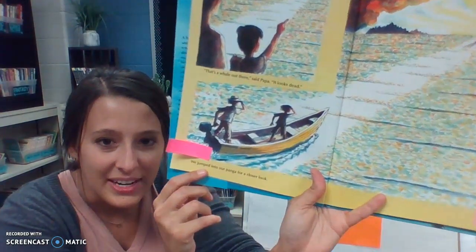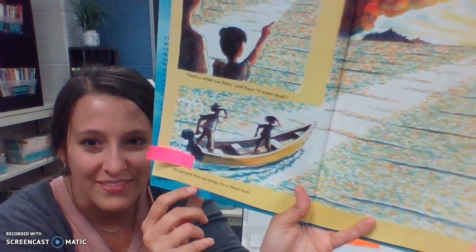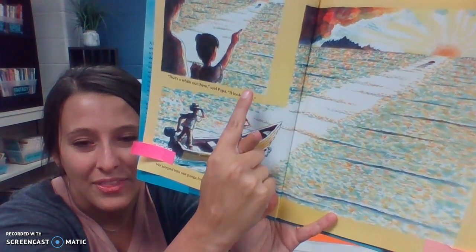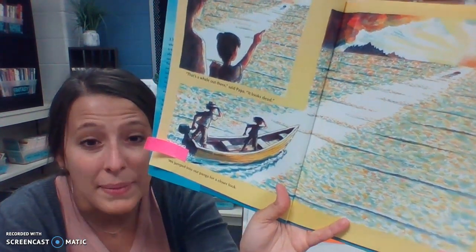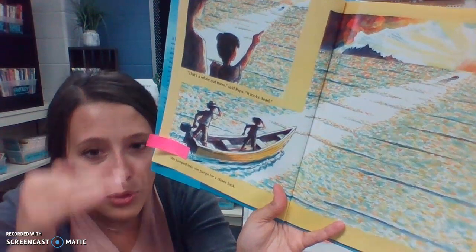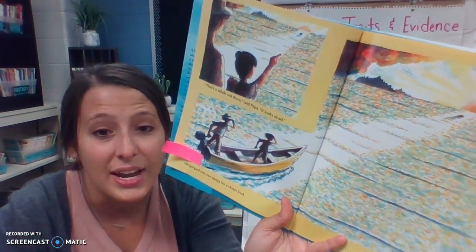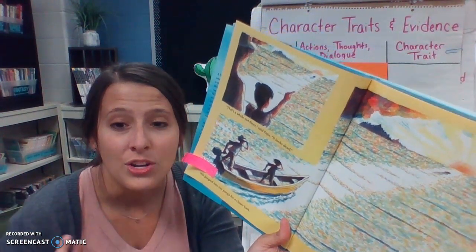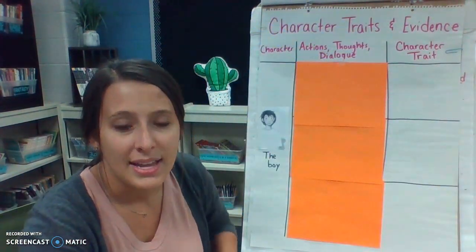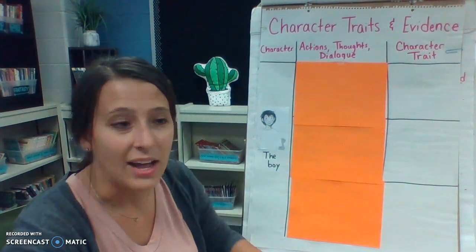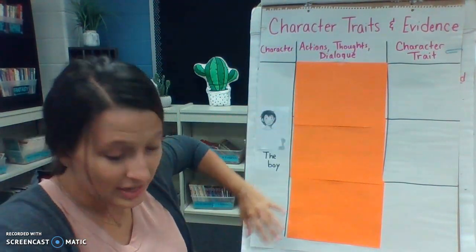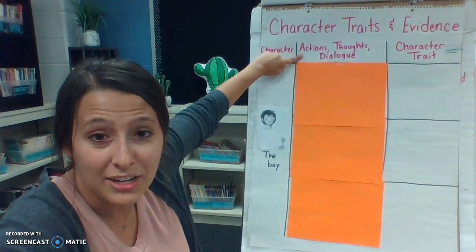And on this page here, we know, since it's the very beginning of the story, they have just seen something in the water way out there. And we know they're jumping in that boat, and they are both looking out to see if they can see what's in the distance, but they are ready to go take action and to go try to see what's out there in the water and to see if it needs any help. So for this point in the story, I'm thinking about the character's actions.